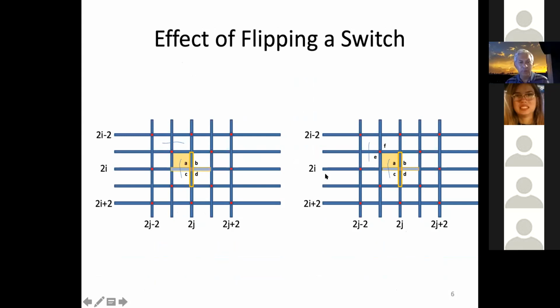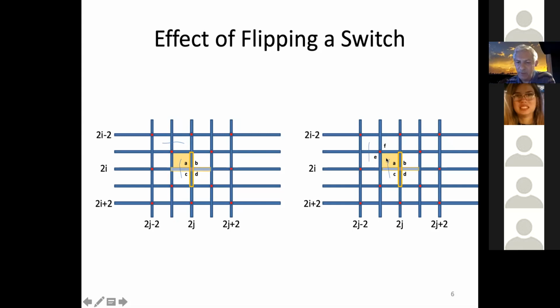So the effect of flipping a switch from horizontal to vertical is to change the neighbors, but you're still going to have 2 neighbors. Okay, so what you see here is that if the barrier at this switch is horizontal, then you'll be able to go this way.